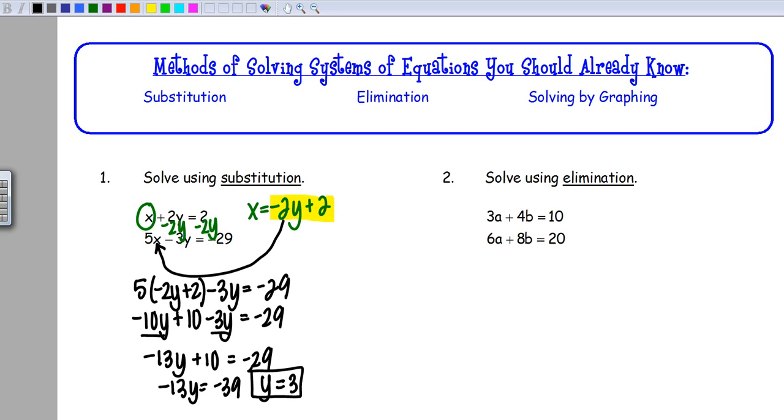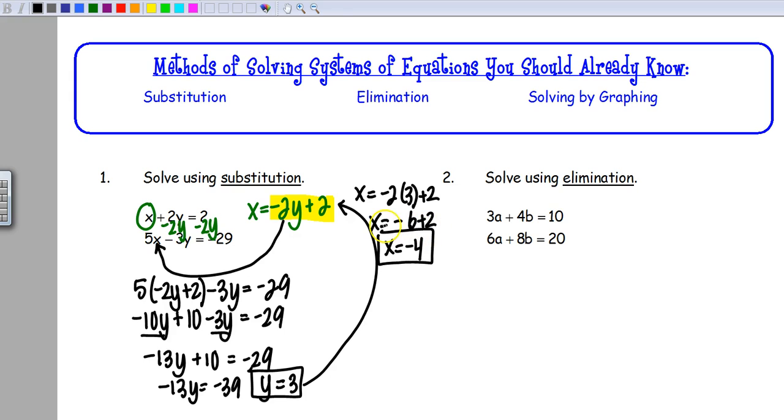You also need the x coordinate. So now we'll take this y equals 3 and we'll just go ahead and plug it back in to find your x coordinate. And we'll write it as an ordered pair. There you go. So that's substitution.